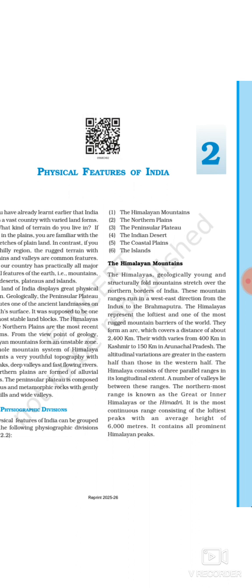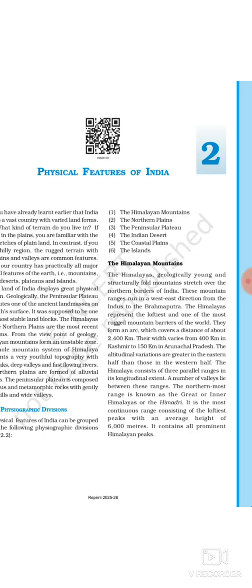The northernmost range is known as the Great or Inner Himalaya, and it is also known as the Himadri. Mostly the famous peaks, just like Mount Everest and K2, are found in this region.